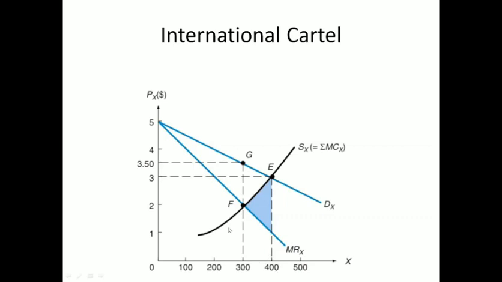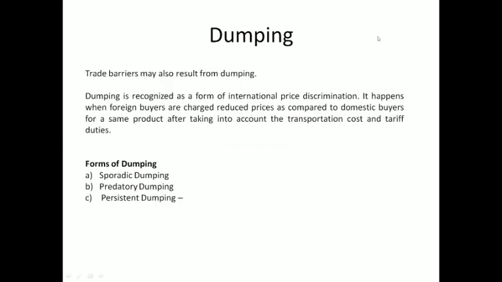So this is how they are able to increase the price of oil per barrel. So the cartels are acting as a non-tariff barrier for the world economy by successfully restricting output and also increasing prices in the world economy.